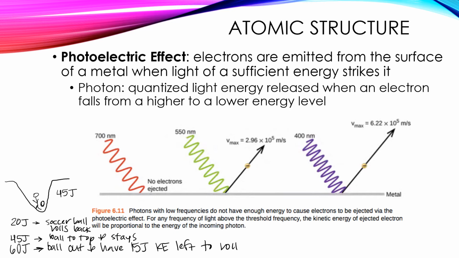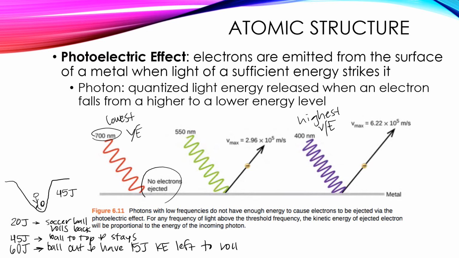For example, you see here that when 700 nanometer wavelength of light, which would mean it's got the lowest frequency, while 400 would have the highest frequency, which means it would also have the highest energy, no electrons are ejected.